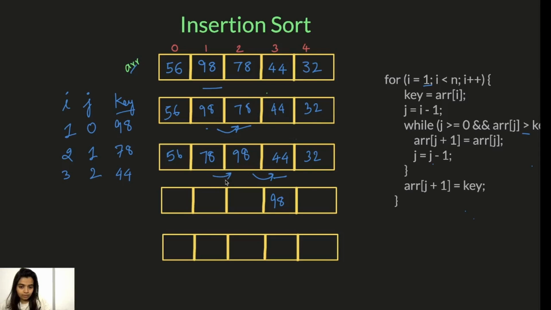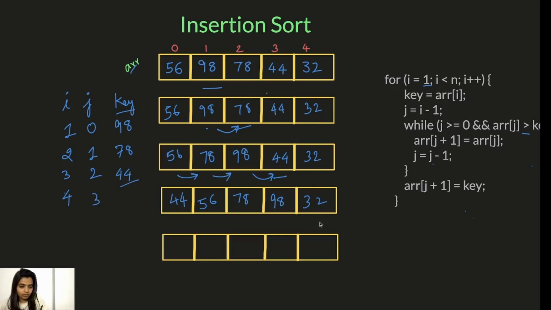Yes. So we shift it again. Is 56 greater than 44? Yes, it is. So we shift this again. And now 44 will come over here. If you observe, this part of the array is already sorted now. Now i will increase to 4 and j will become 3.